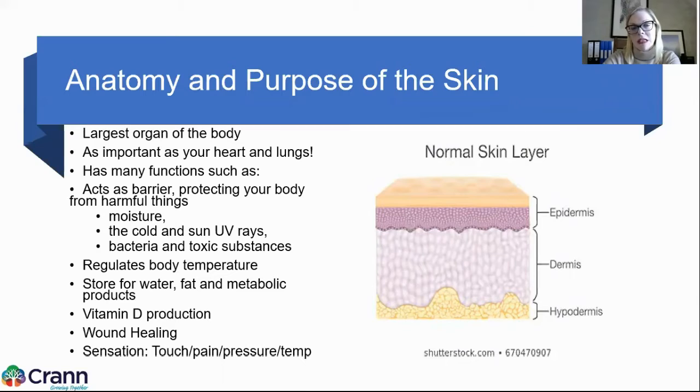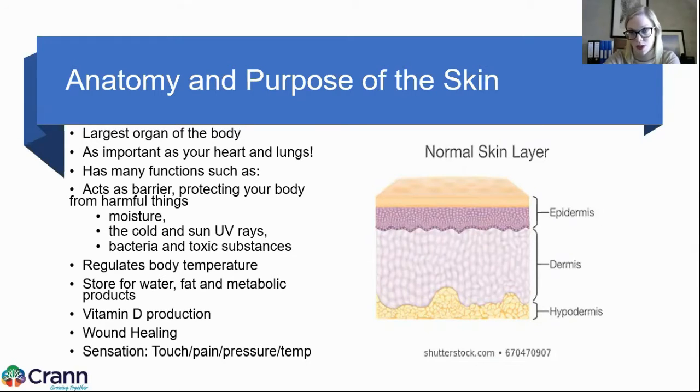Your skin is a barrier, protects your body from harmful things like moisture, the cold, sun, UV rays, bacteria, and toxic substances. It helps to regulate your body temperature. It's a store for water, fat, and metabolic products. It helps with your vitamin D production when you're exposed to sun.